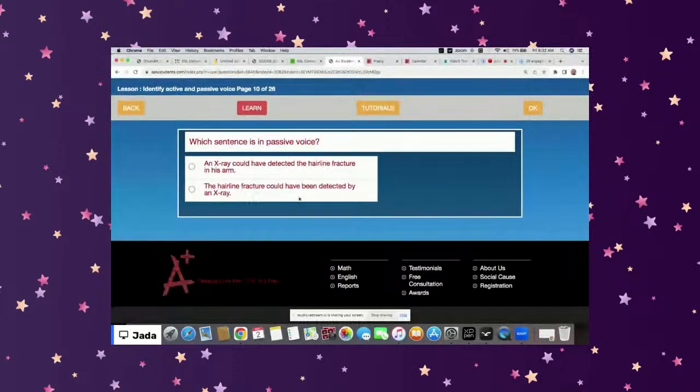The hairline fracture could have been detected by an X-ray. Now, this is the last one we will do together. A clear majority of the organization voted the current leader into office. The trade union's current leader was voted.